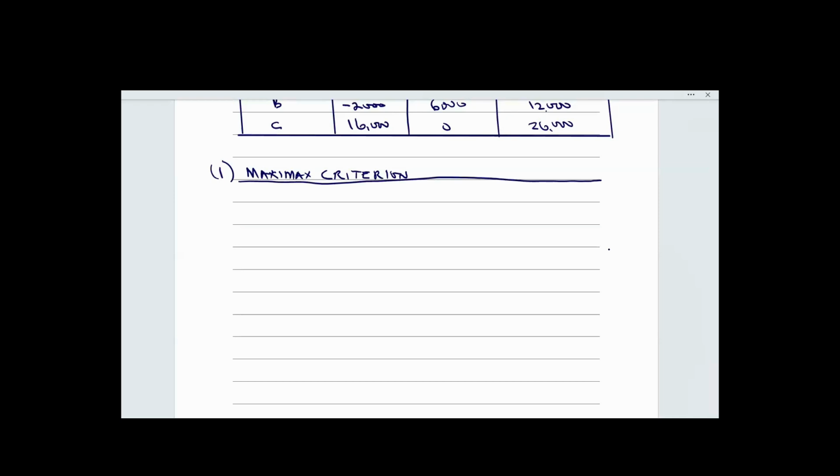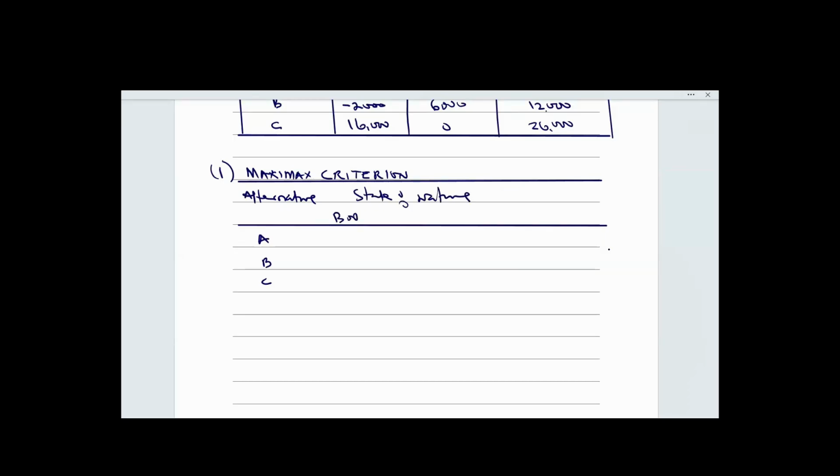So you redraw the payoff table again. Alternative A, B, and C. Then state of nature. Under this, we have boom, steady, then we have recession.